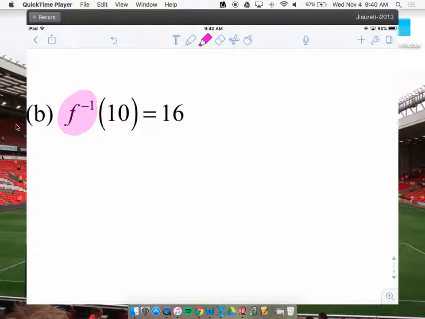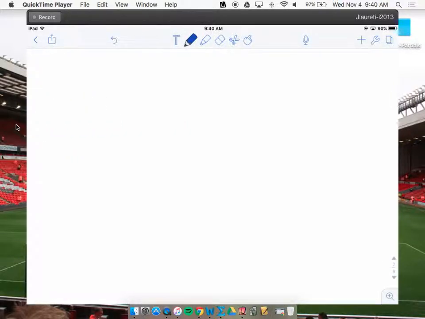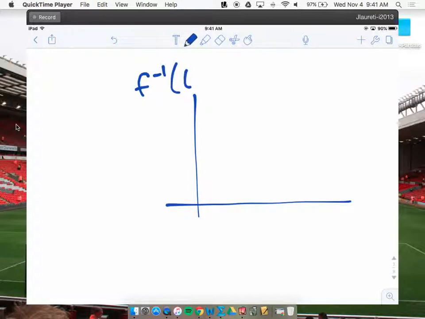All right, so we should probably draw ourselves an axis for those. So this is your f. We still have the t, and we still have f inverse of t. Whenever you have an inverse of something, all you do is switch.